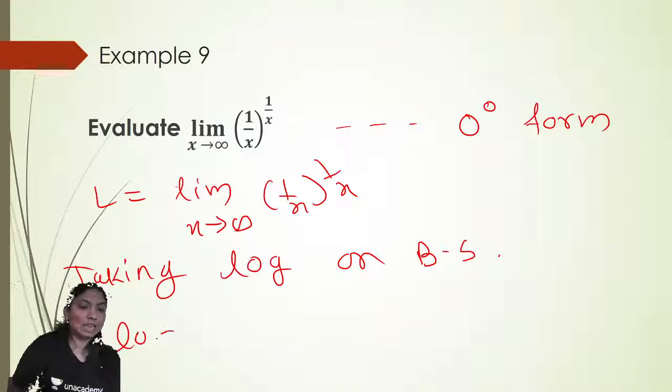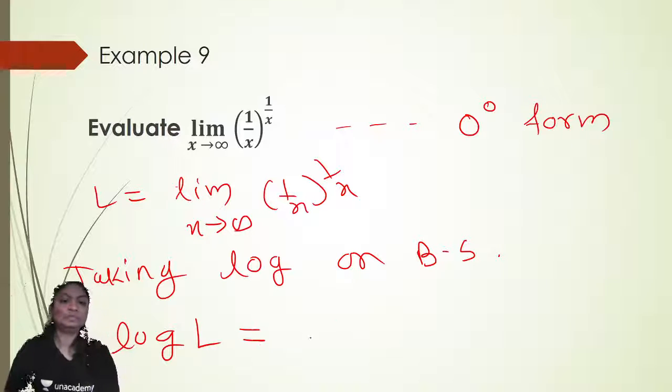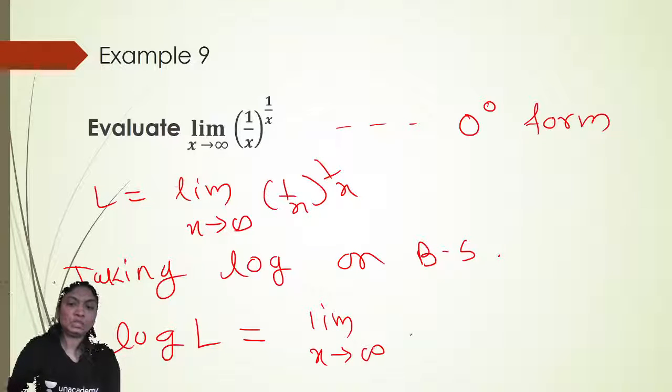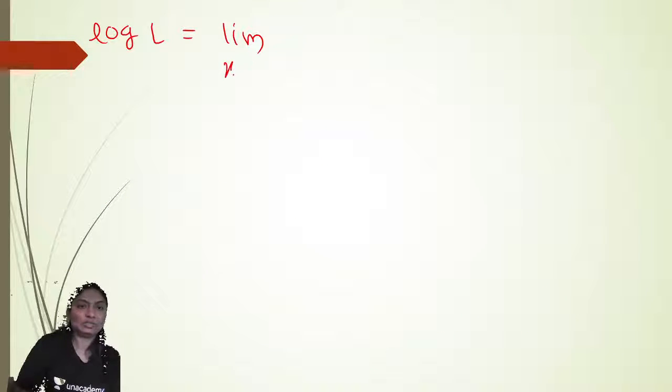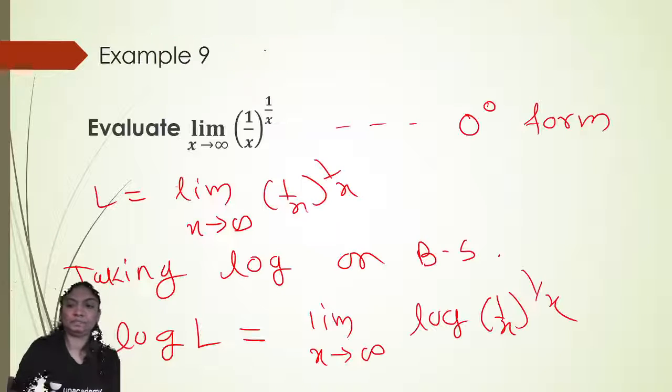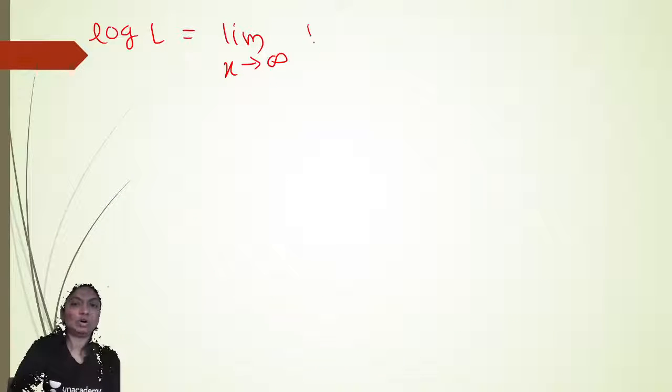So log L is equal to log of this, so you will get limit as x tends to infinity, log of 1 by x raised to 1 by x. So this will become log L is equal to limit as x tends to infinity, 1 by x into log of 1 by x.